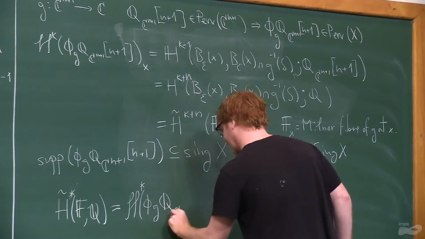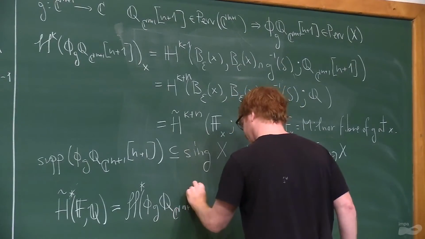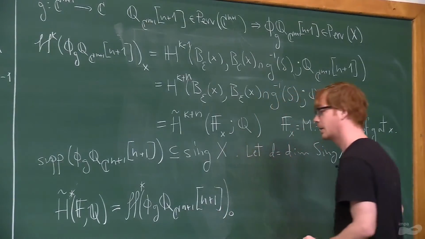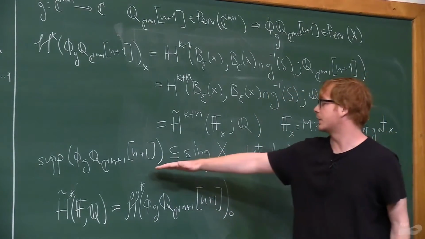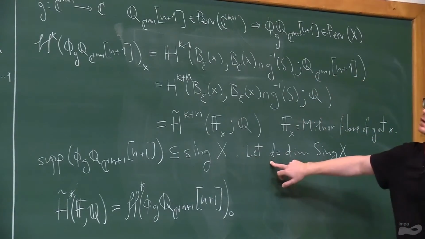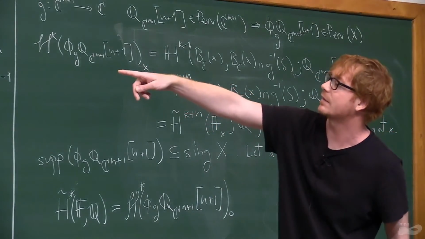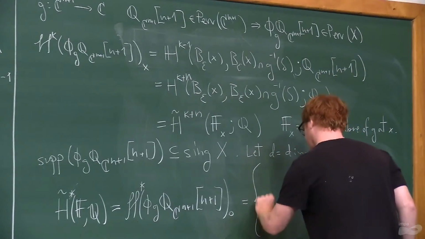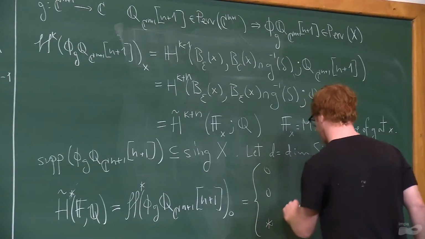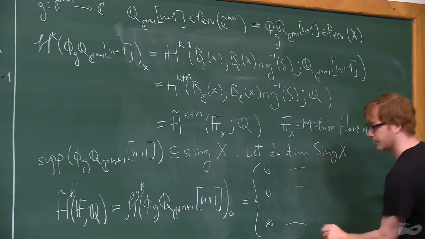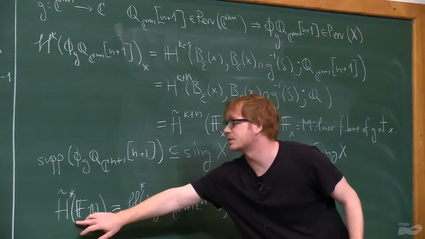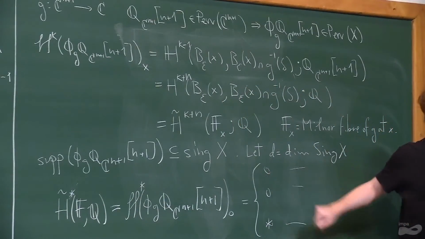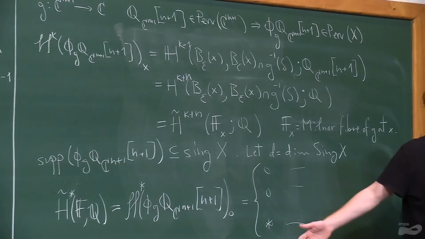This is exactly the stalk cohomology at the origin. And since the support has less dimension than D, then I will apply that stuff, and I will get exactly what I wanted. There's a bunch of zeros, and then there's the rest of the stuff. And this is the reduced cohomology, so if I remove this tilde here, I get a Q here. So this is the proof of Kato-Matsumoto.